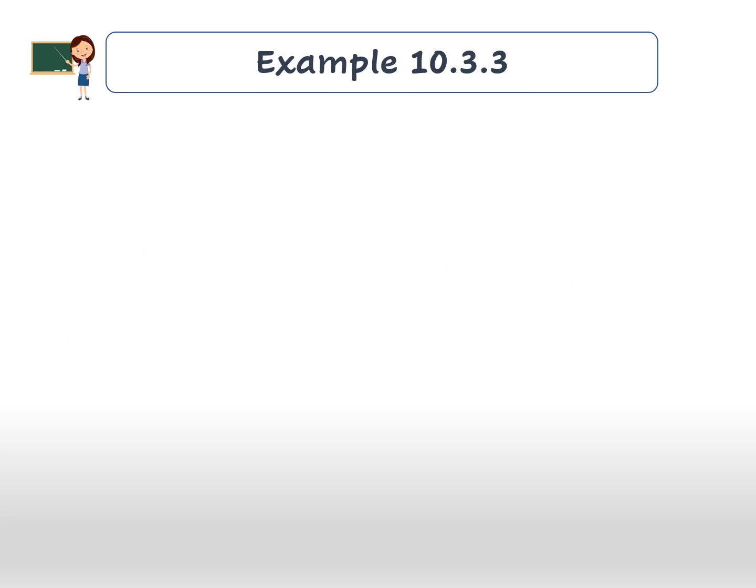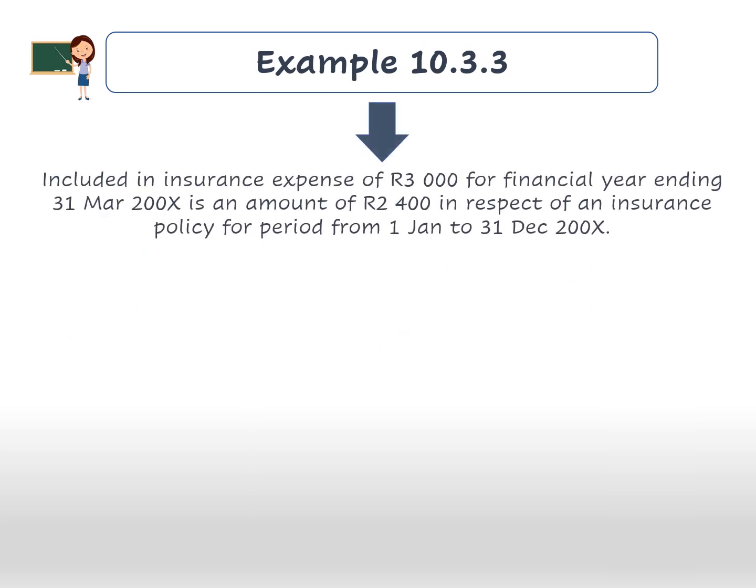Looking at an example for prepaid expenses, included in the insurance expense of 3,000 Rand for the financial year ending 31 March 2000X. So the financial year is from 1 April to 31 March, but included in the current financial year's insurance expense is an amount of 2,400 Rand in respect of an insurance policy, and that insurance policy is valid for the period from 1 January to 31 December.